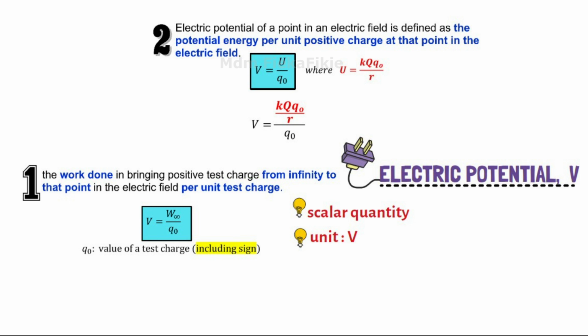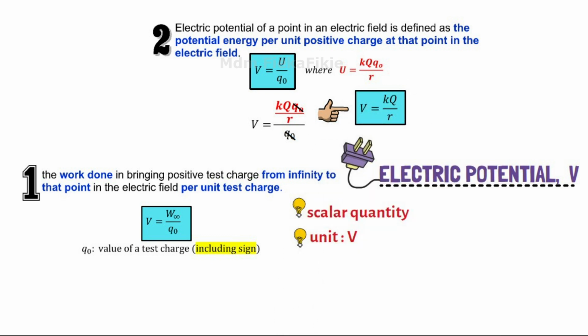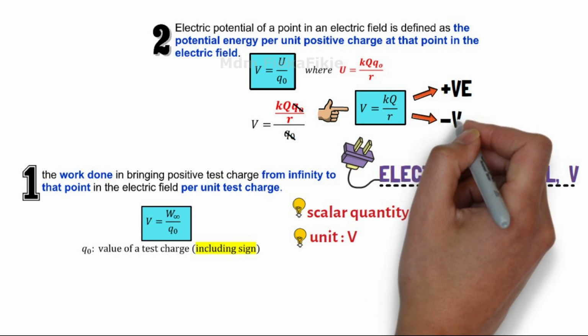So finally, you akan dapat satu lagi equation of electric potential where V is equal to KQ over R, di mana capital Q is a point charge. Dan electric potential ini boleh jadi nilainya positif ataupun negatif. Ingat ya, dia adalah scalar quantity.